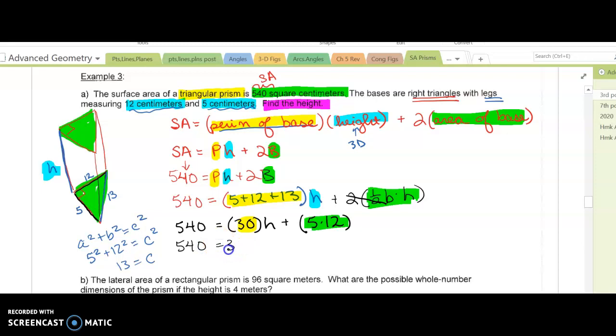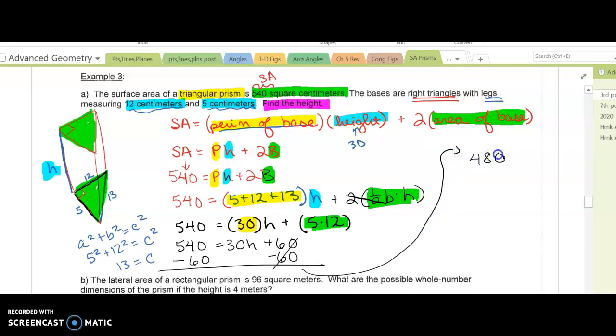Okay, so from here we have 540 equals 30h plus 60, and it's just a good old algebra problem that you're now solving for h. So I'm going to subtract 60 from both sides. So that cancels out. Let me come over here, I've kind of run out of room. Now I have 480, which is 540 minus 60, equals 30h.